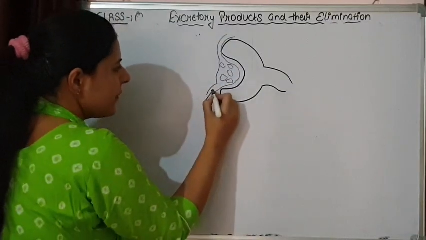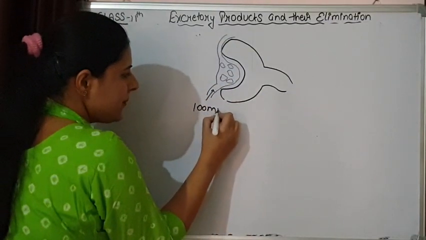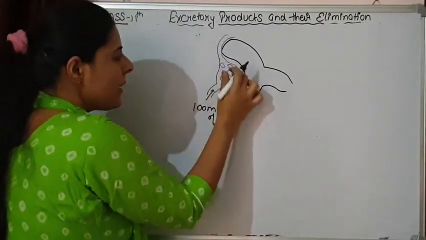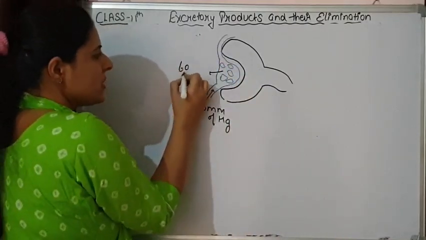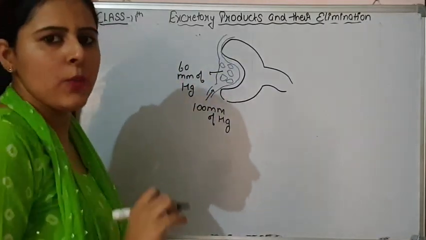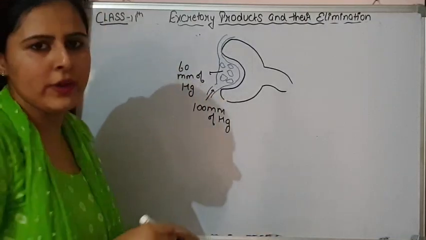Here this afferent arteriole is having 100 mm of Hg, and when it is coming to this glomerulus, here the hydrostatic pressure is 60 mm of Hg. These are positive, they are helping in filtration.